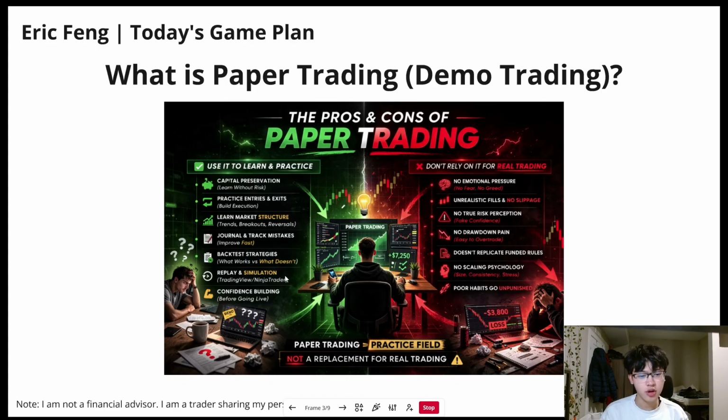You can look at old market data and gather data on your strategy and see if the strategy that you choose, or one you find online, actually works. And if you know it works on old market data, you can try it through paper trading after.